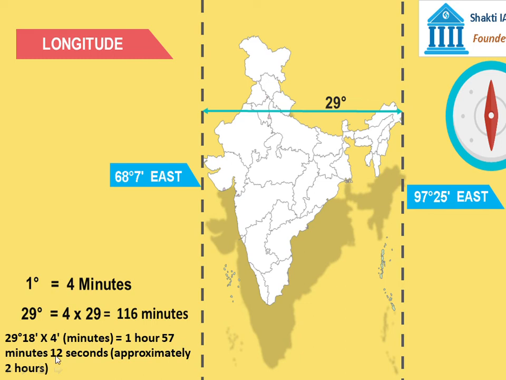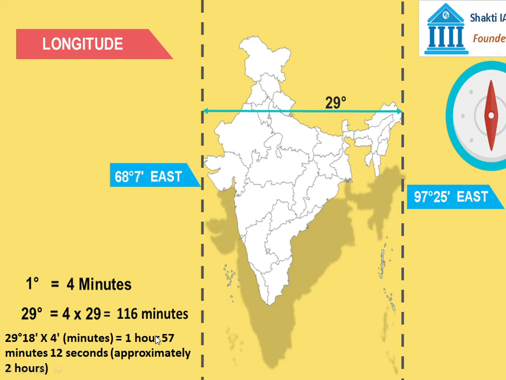This means 117 minutes 12 seconds. So we have to adjust the watch. For example, if you are traveling from Gujarat to Arunachal Pradesh, you have to adjust the watch by almost 2 hours. It is not 2 hours but almost 2 hours.